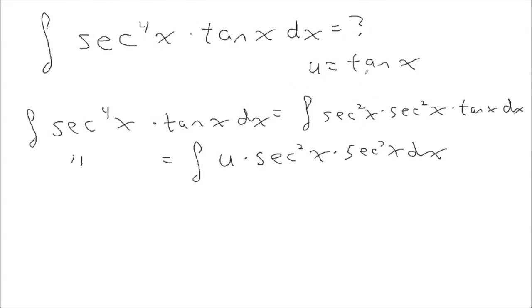So now I plugged in u for tangent x. Do you see how I went from here to here? Yep. Now, the next step is I'll take du dx. What would du dx be here? Secant squared x. And then du equals secant squared x dx.